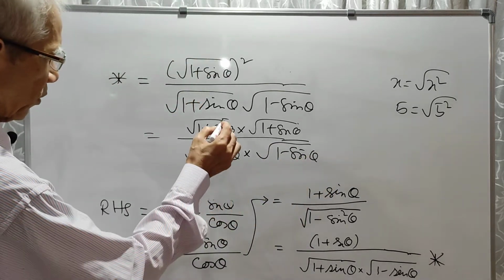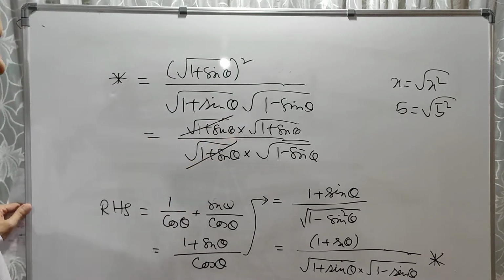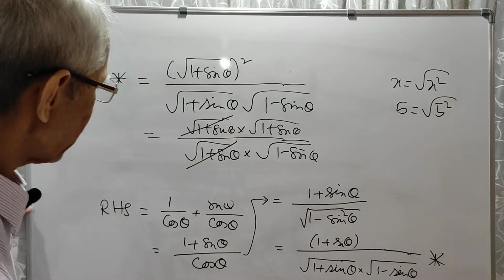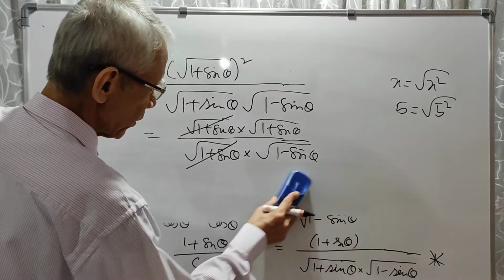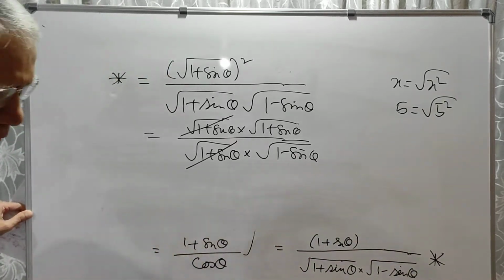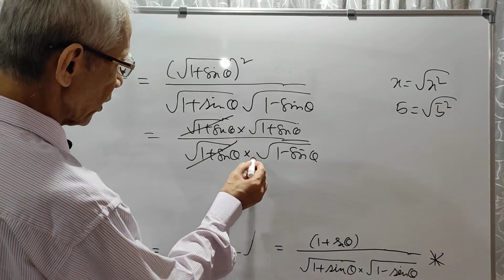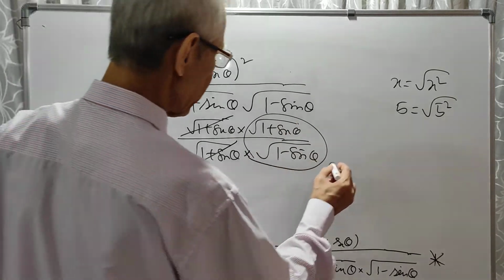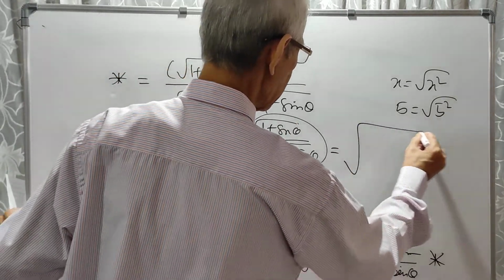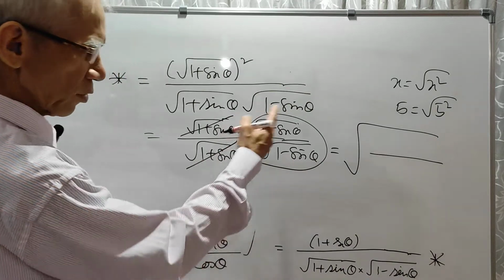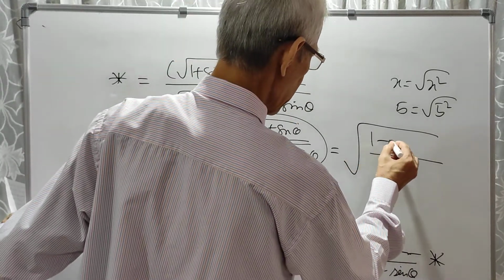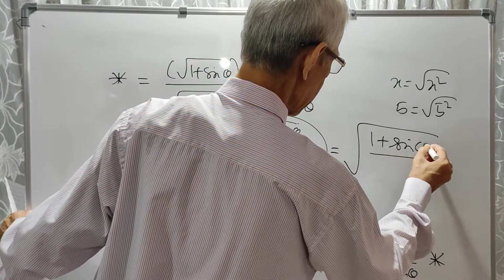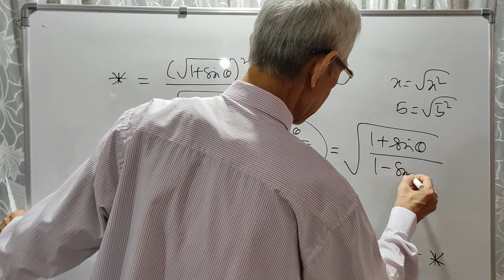All right, now you see this part cancel, so what we are left with? So we are left with what? This thing. We are left with this thing. Now this thing is nothing but what? Root over, we can take that root over as common, so 1 plus sine theta by 1 minus sine theta.